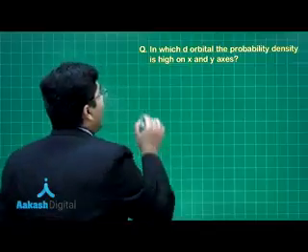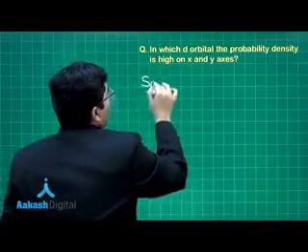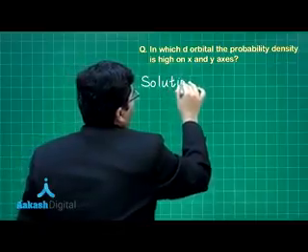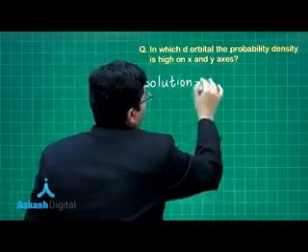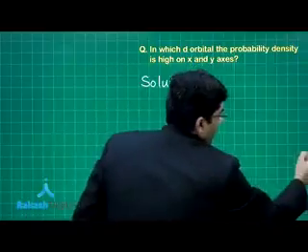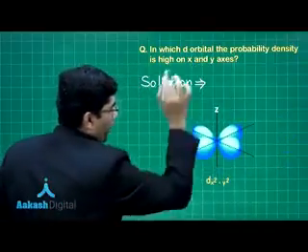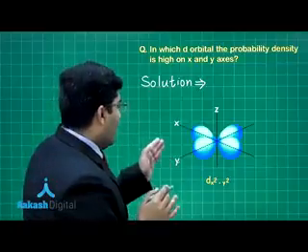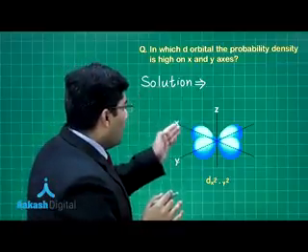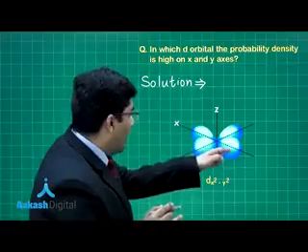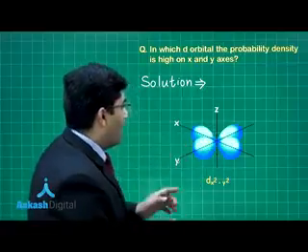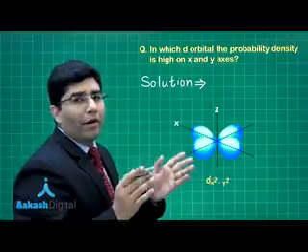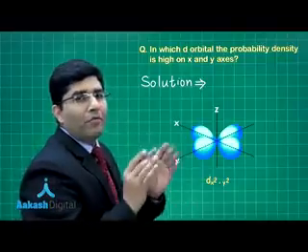And we know that the solution of this question will be the orbital dx square minus y square, and you can clearly see that the probability density across the x-axis and y-axis is maximum, and on the z-axis there is no probability of finding the electron. So this is the final answer.